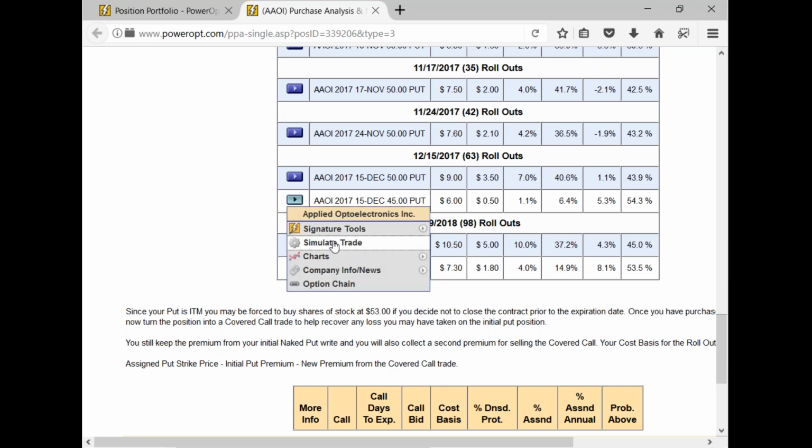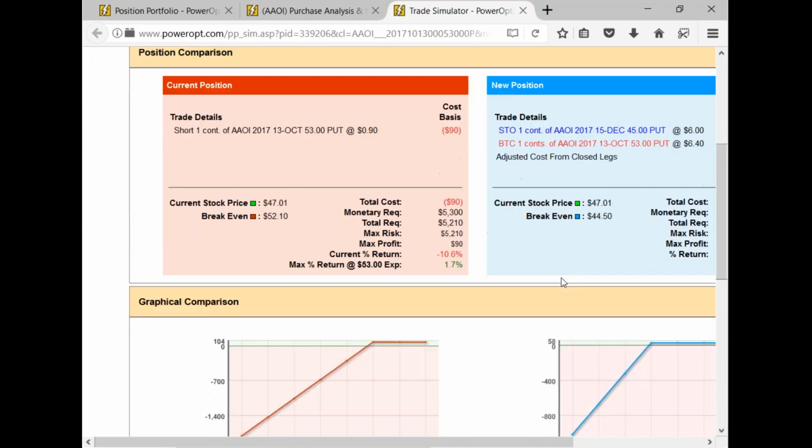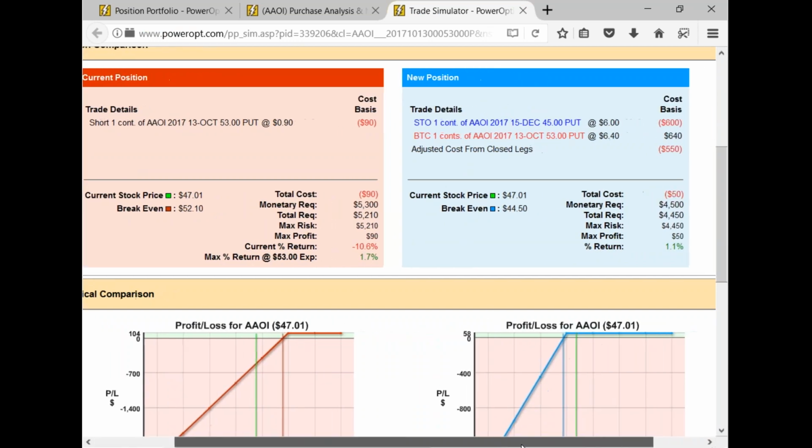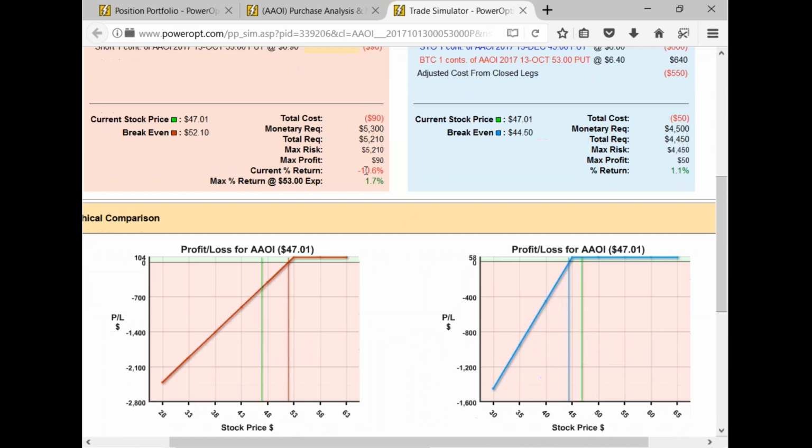It is out to December, but when you look at it side by side, this is in the Simulate Trade feature when you're viewing an analysis, we can see here that we've taken a loss of 10.6%, rolled the put down, and if it does settle and stays above 45, it can make 1.1%. Okay? We've actually already reviewed a couple of the other adjustments as well.